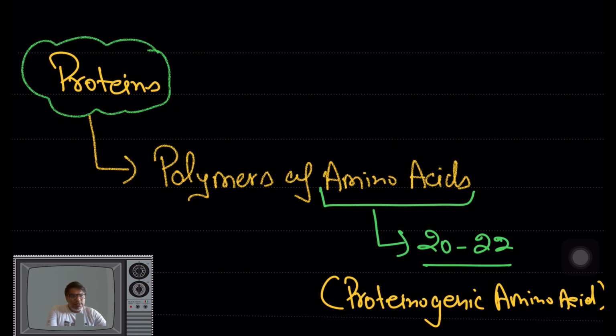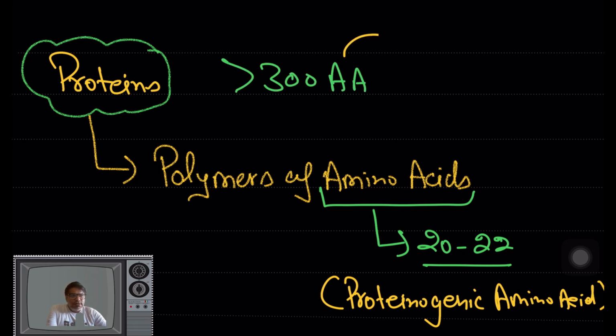Most of the time, whenever we ask students what the total number of amino acids within the cell, within the human body is, they reply 20, 22. No, that is not the right answer.